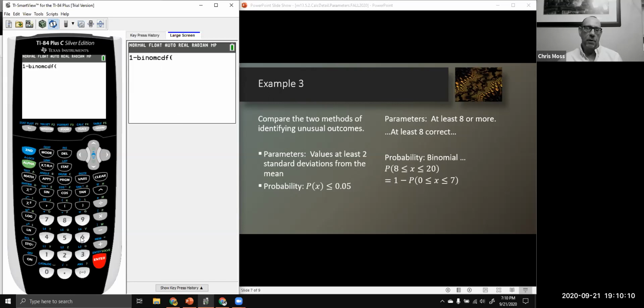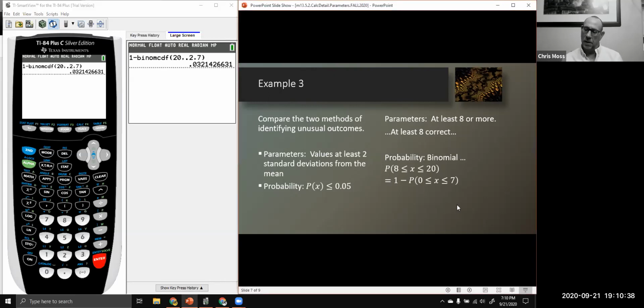I'll remind people it needs the number of trials, then the comma key comes into play, the probability of p, comma again, and then the number of successes up to and including, and in this case, 7. Close them up, hit enter, and I get a 0.321 and change.